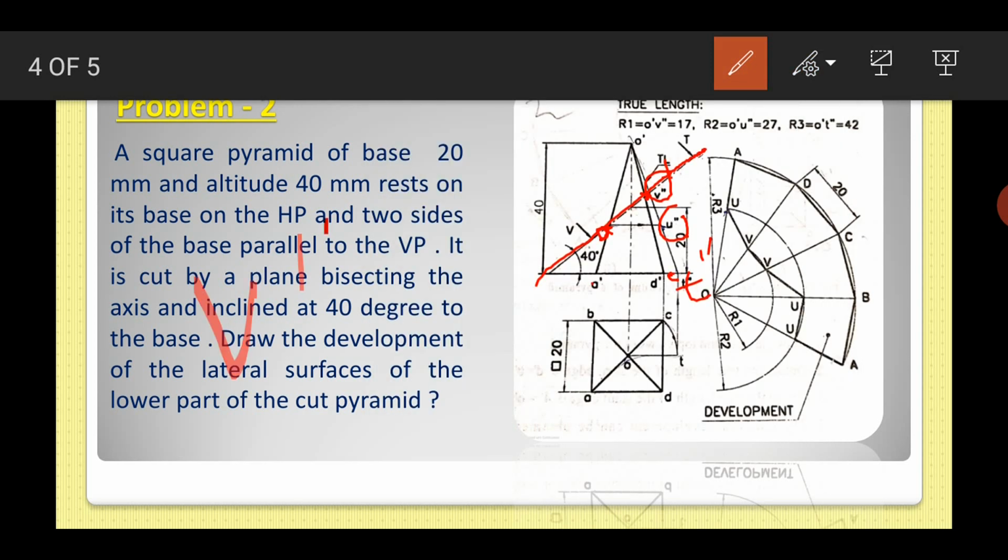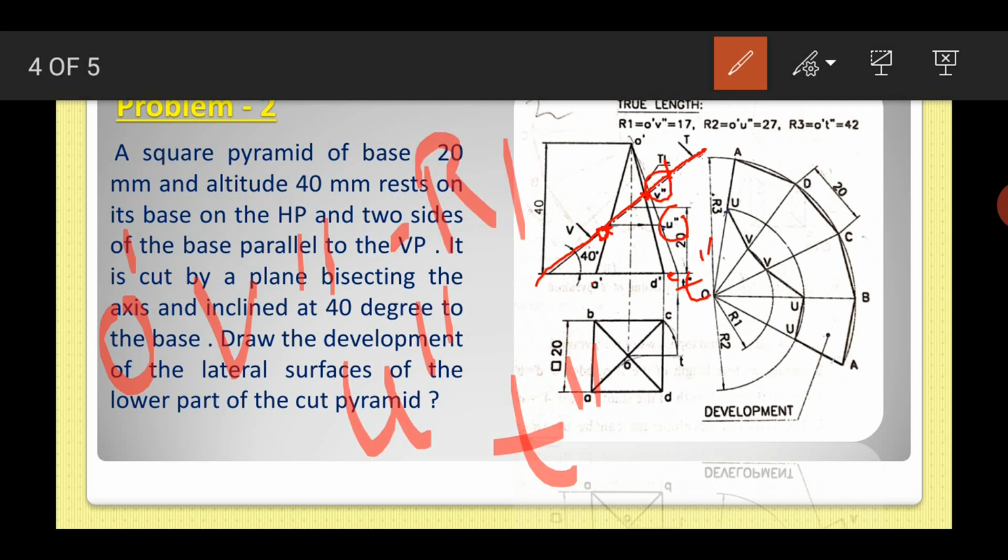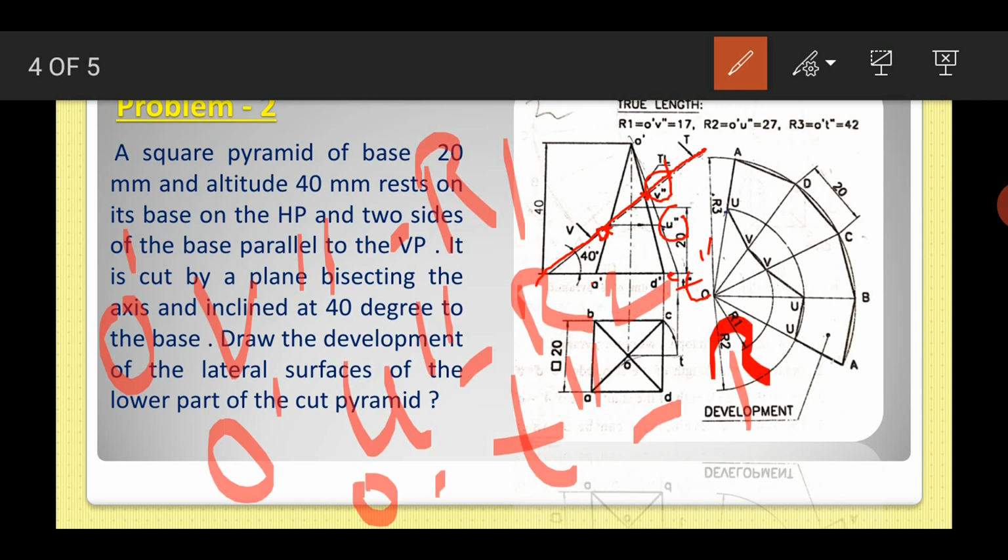V double dash, U double dash and T double dash. So from O dash to V double dash we name it R1, from O dash to U double dash we name it R2, and from O dash to T double dash we name it R3.